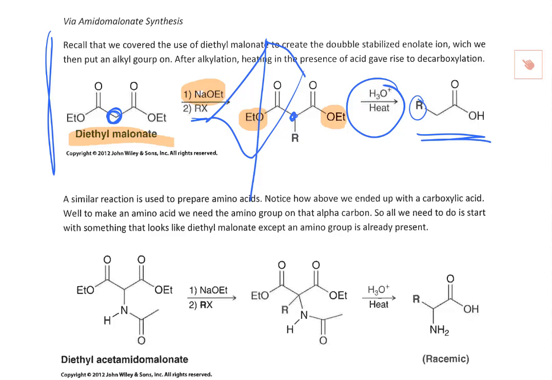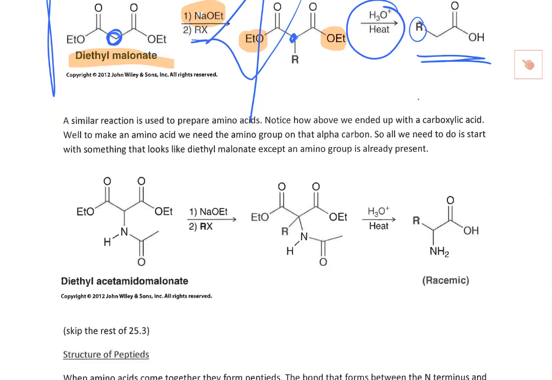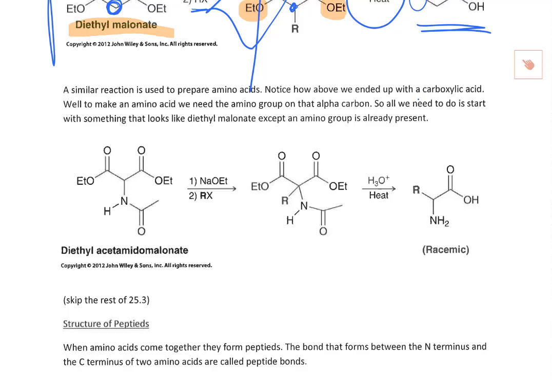So we can use this type of reaction to prepare an amino acid. Let's look down here. What is similar here is we still have something that looks like that diethylmalonate, except now we have a nitrogen group already attached here.